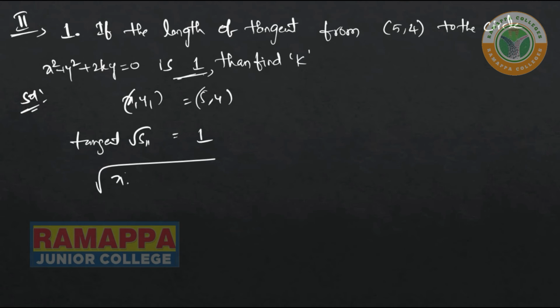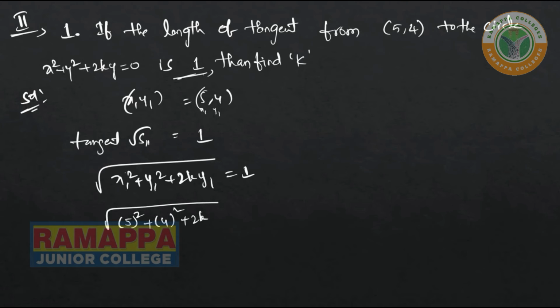The expression is x1 squared plus y1 squared plus 2k y1. So the values given are (x1, y1) = (5, 4), and we have to substitute in this: the square root of 5 squared plus 4 squared plus 2k into 4 is equal to 1. 5 squared is 25, plus 4 squared is 16, and 2 into 4 is 8, so 8k, under the root.